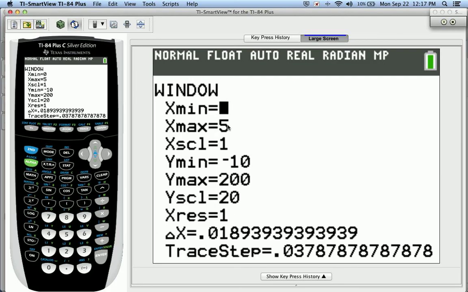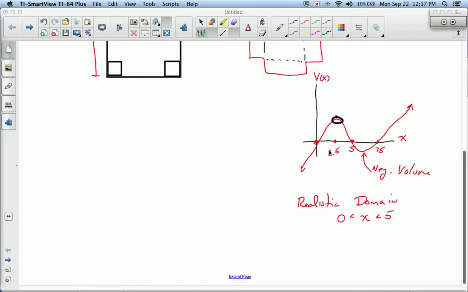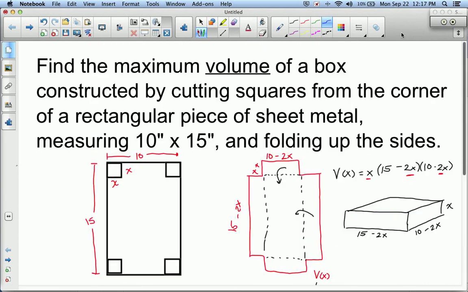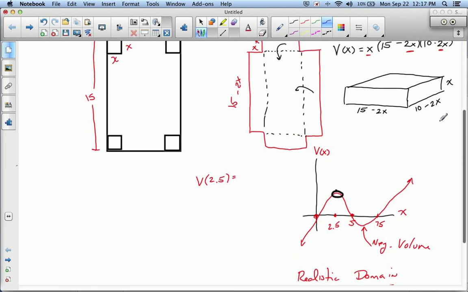Now, how did I get 200 for my y max? Well, I told you this 2.5 would play in. We know 2.5 is close to the x value. If you want to use 2.5, that's fine. If you want to use 2 or 3, that's fine too. The bottom line is you need to know the approximations. So if I want to find V of 2.5, because I want to know an approximate volume, remember what that means: x is 2.5.